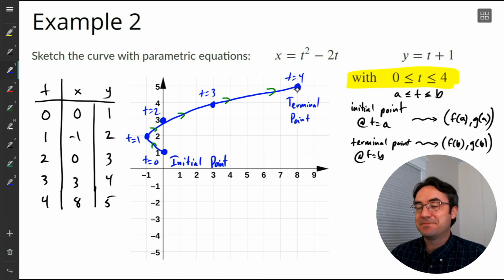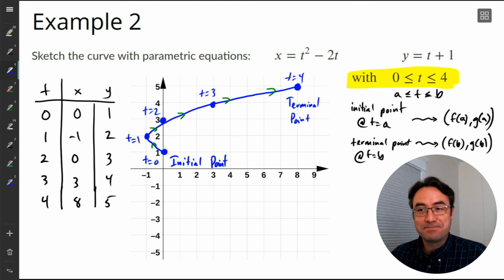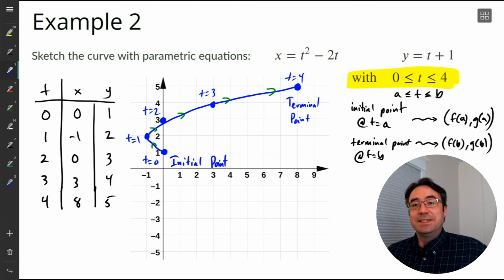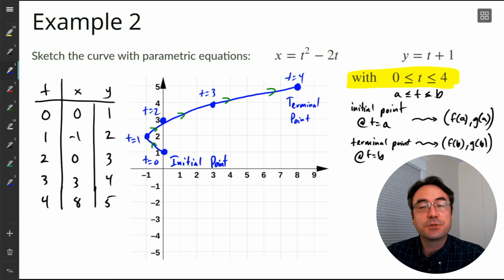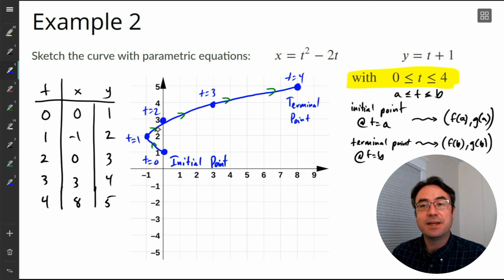All right. So this is really the idea for parametric curves. Take some different t values, plug them into the two equations, see what the x values are, see what the y values are, plot those points, connect the dots, and then just keep track of increasing time. So we have that directionality here.